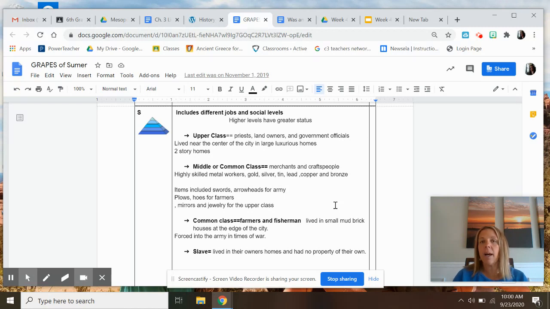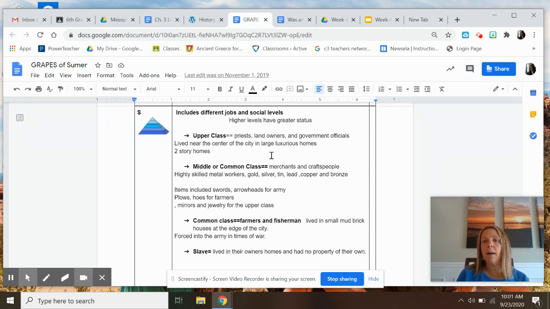Higher levels have greater status. Here in the upper class, you have priests, landowners, government officials. This upper class of people lived near the center of the city in large, luxurious homes. Often they could be two-story homes. So that's the upper class.